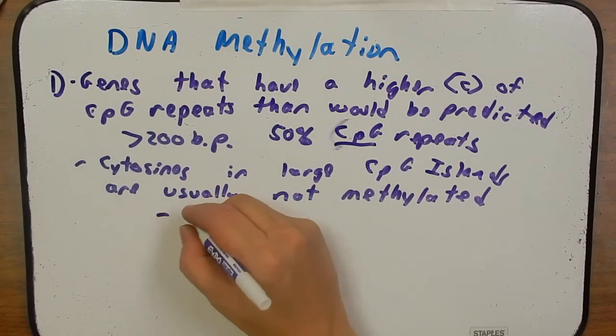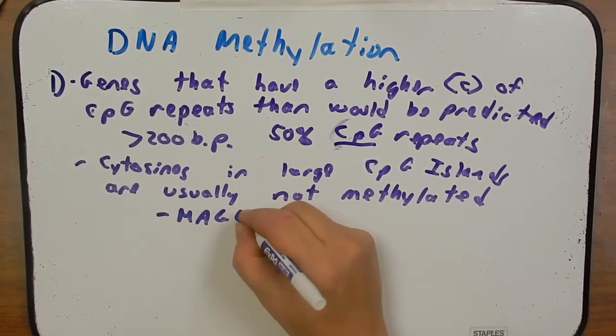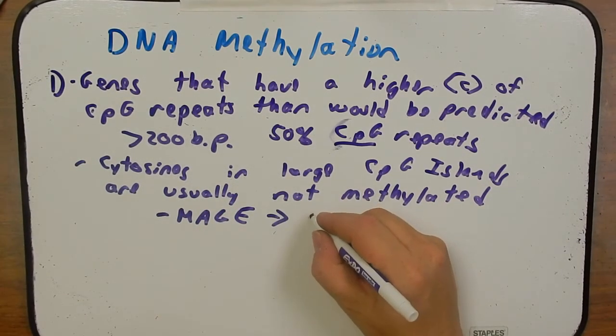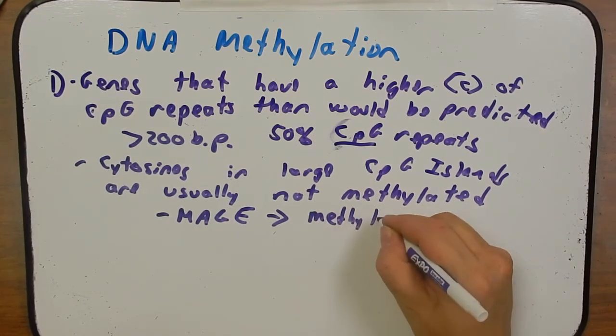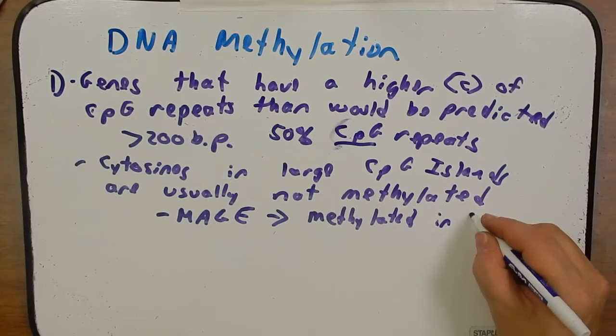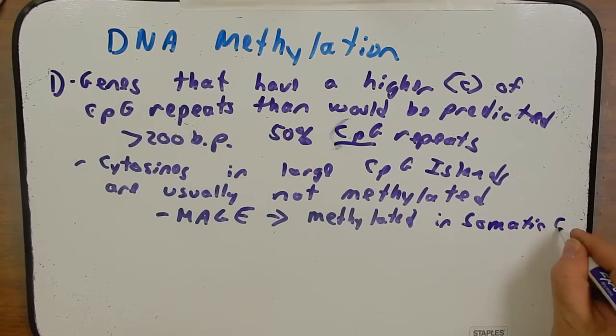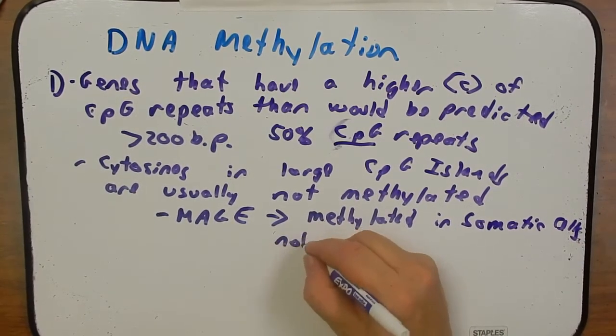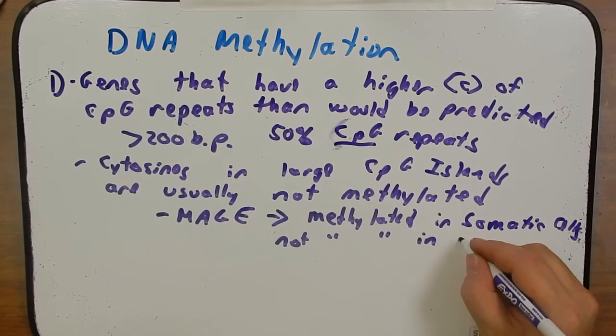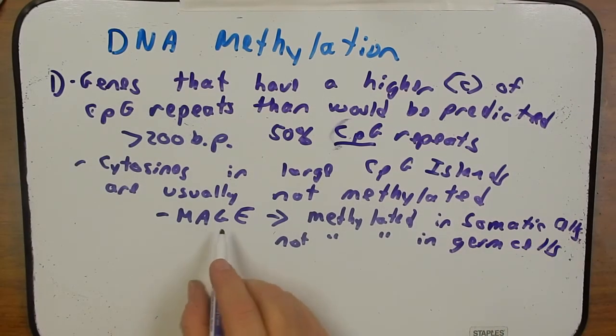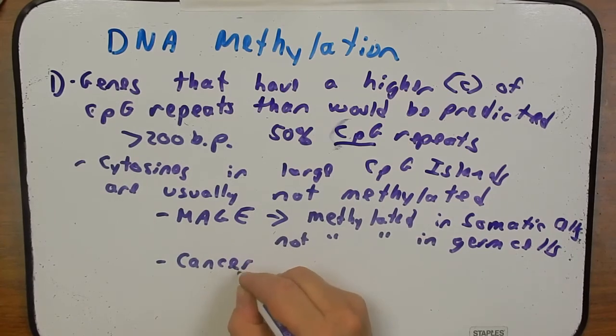There's this gene called MAGE, M-A-G-E, where they're methylated in somatic cells, but not methylated in germ cells. But this is a rare exception. We also see some of these CpG islands methylated in cancer tissue, which may help explain some of the aberrant gene expression in cancer cells.